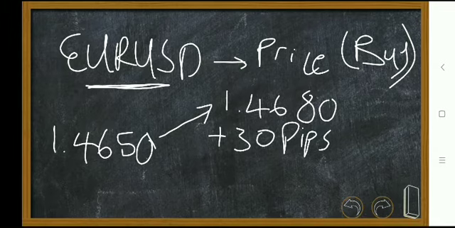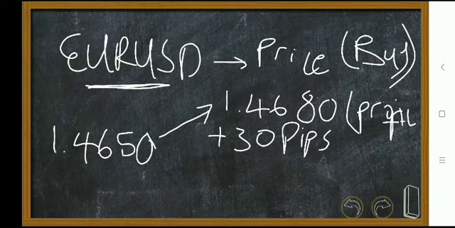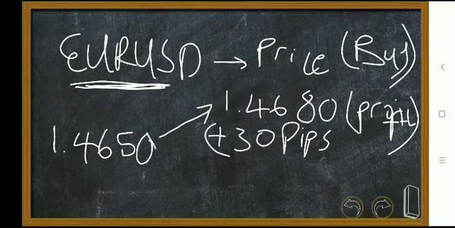You'll make what we call profit because you bought, and the stock, I don't know if I can call it stock because we already have stocks in trading, but I am referring to this currency pair. Okay, let's just call it the currency pair. When you buy and then the price goes up by 30 pips, you will see what we call profit.